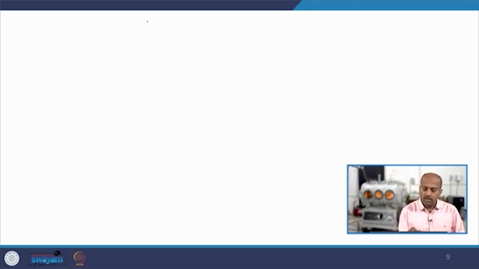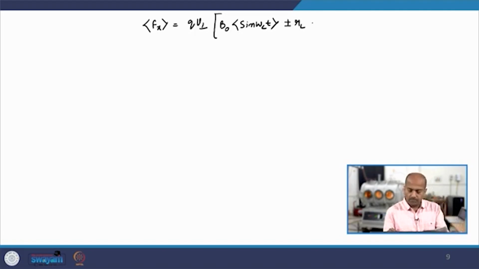How do we characterize one gyro orbit in terms of distance or frequency? So, let us say we write the average force component Fx as Q V perpendicular B naught average sin omega c t plus minus RL sin omega c t cos omega c t dou Bz by dou y.